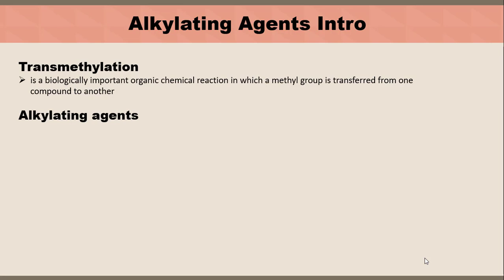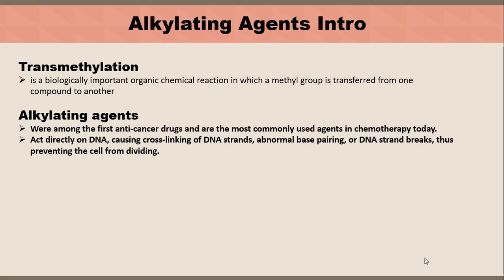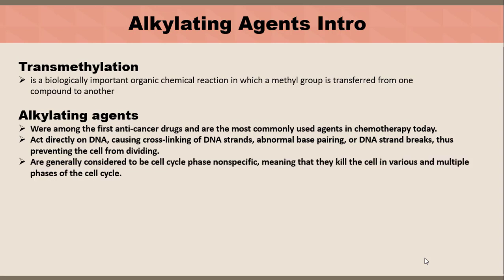We should also remember that alkylating agents were among the first anti-cancer drugs and are the most commonly used agents in chemotherapy today. They act directly on DNA, causing cross-linking of DNA strands, abnormal base pairing, or DNA strand breaks, thus preventing the cell from dividing. Alkylating agents are generally considered to be cell cycle phase non-specific, meaning that they kill the cell in various and multiple phases of the cell cycle.